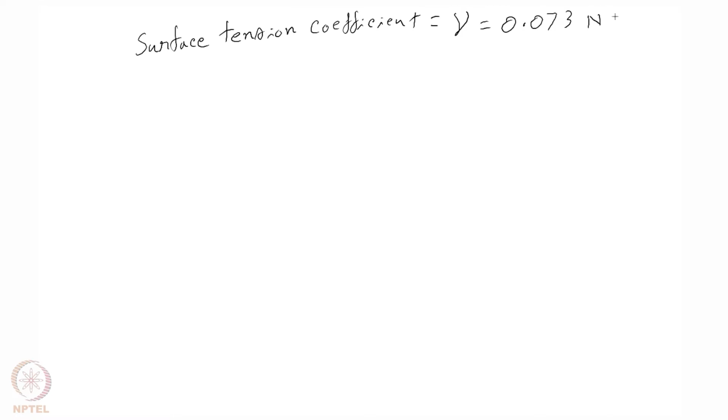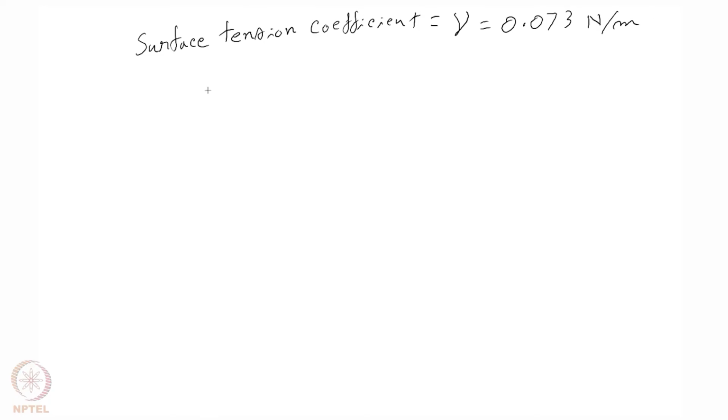Okay. Now, I assume that the surface tension coefficient gamma is equal to 0.073 Newton per meter. Okay.